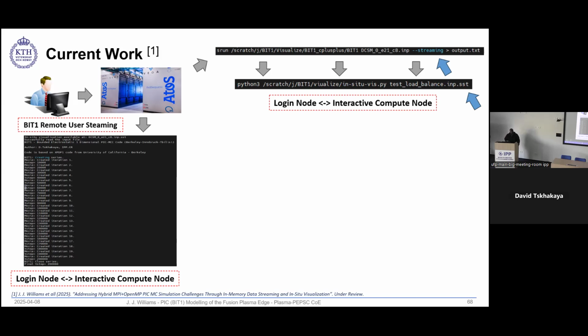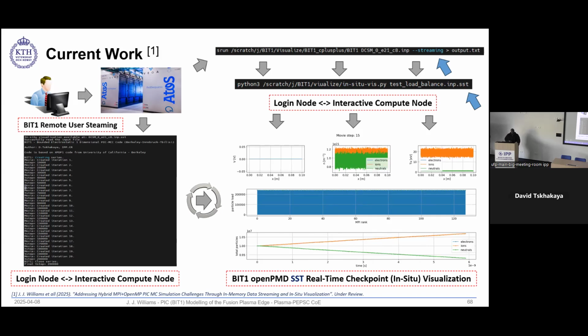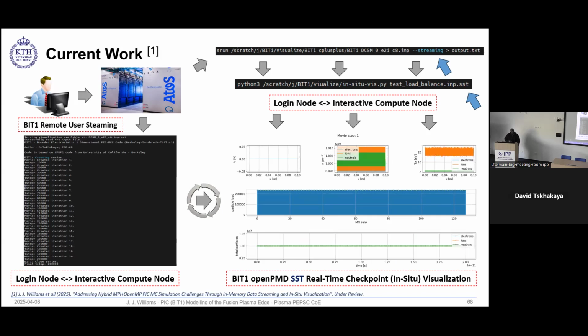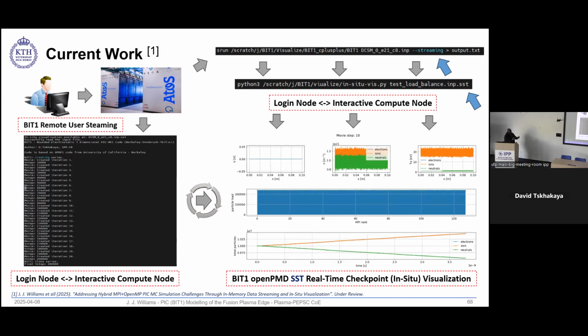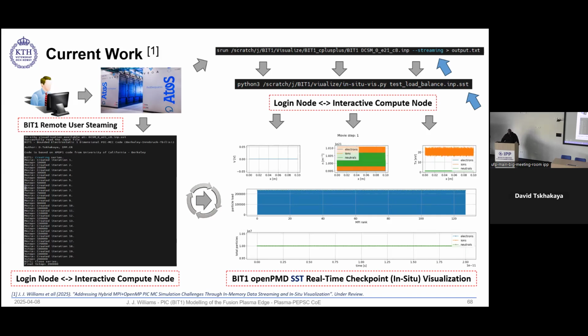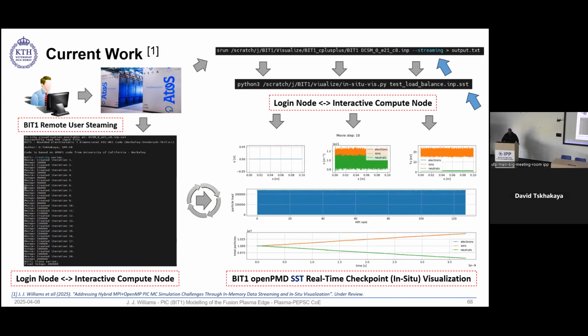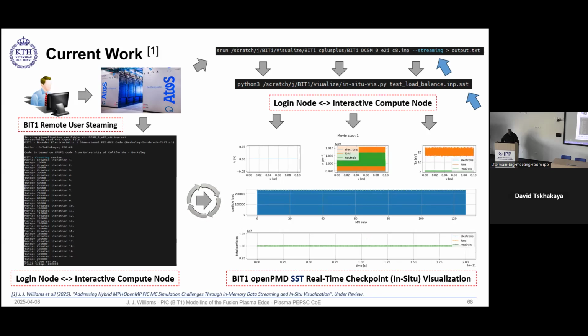I'm not even affecting the code, so it's not blocking. And then right away, I can run the simulation, and so on and so forth. So on one node, the code is running. On another compute node, I'm visualizing, but it's connecting to the same source code. It's a nice little feature that you can use in this case.